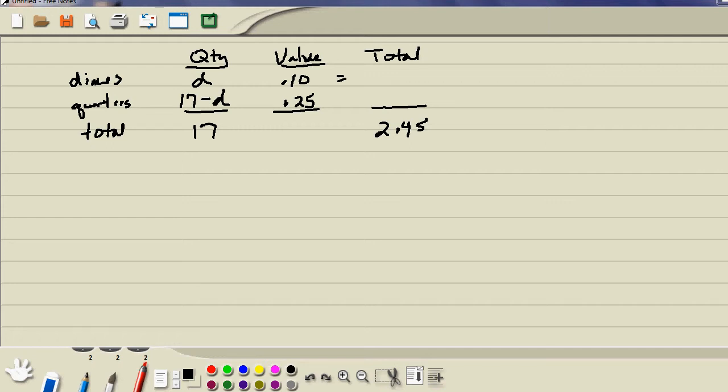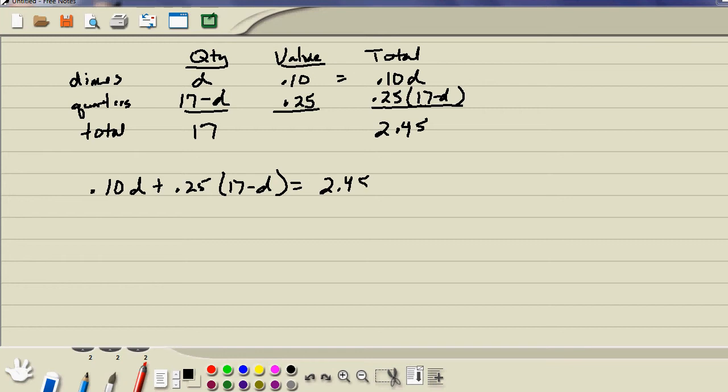Well, what's my total? Each dime is worth 10 cents, so it's 0.10 times D. Each quarter is worth 25, and I know that I have 17 minus D. Okay, so what's my total over here? I have 0.10 times D plus 0.25 times 17 minus D equals $2.45.